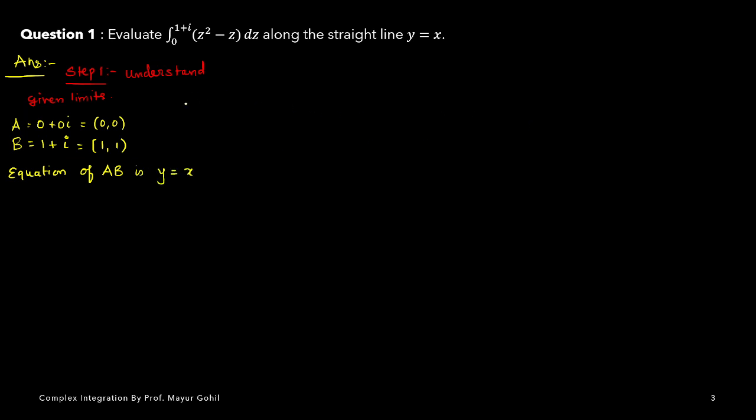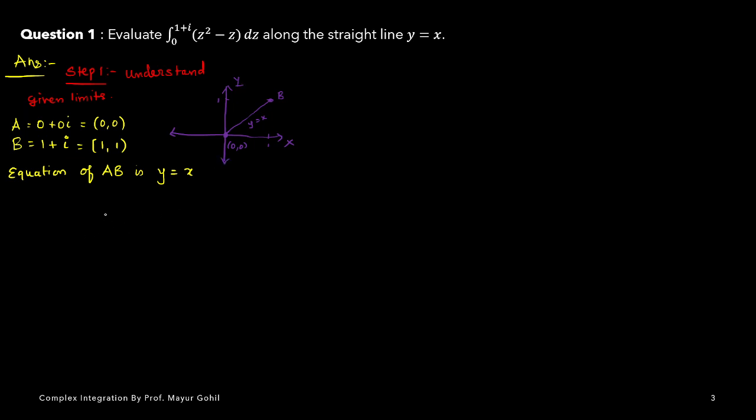If we draw a diagram, at this point I have my 0 comma 0, and if 1 is here and then there is 1 here, then we have this line y equal to x, and this is the point B. So that's what the line is over here.